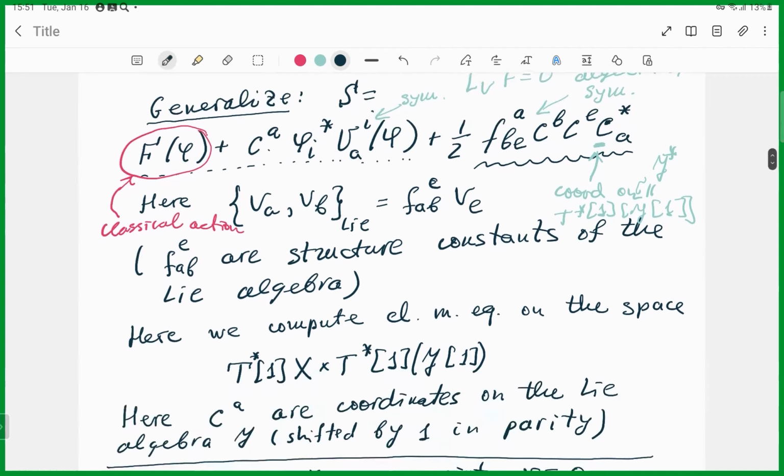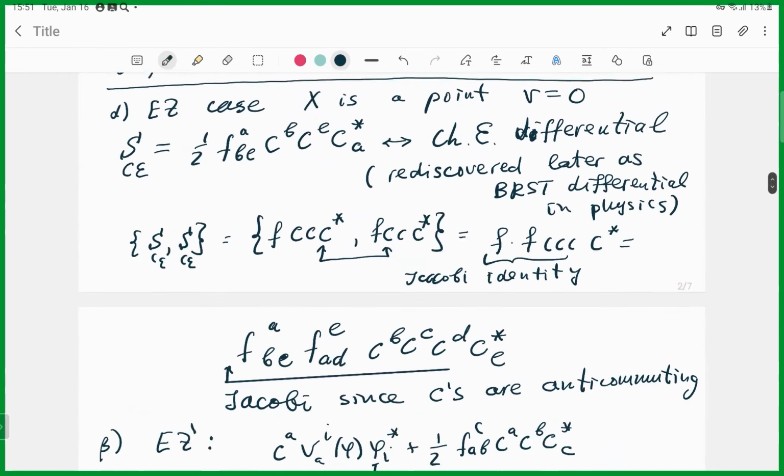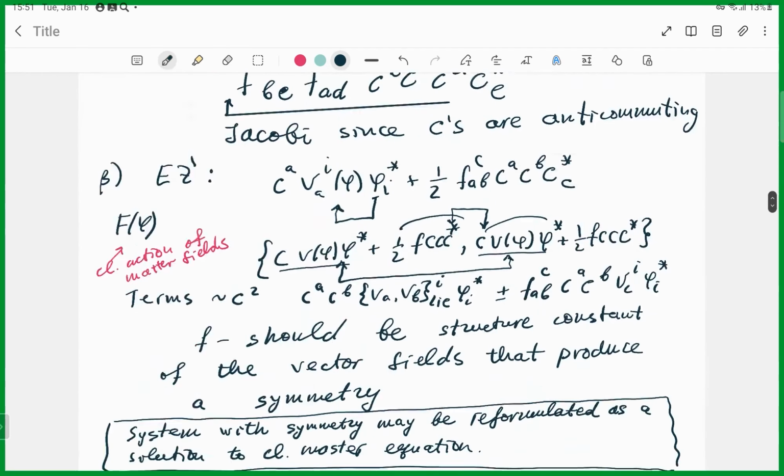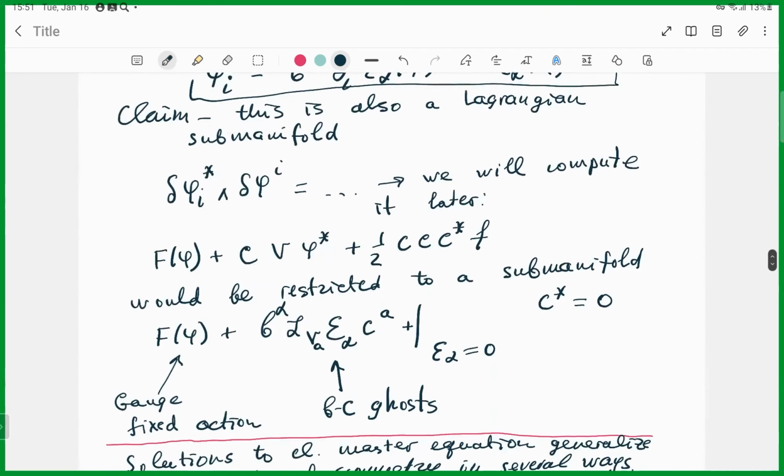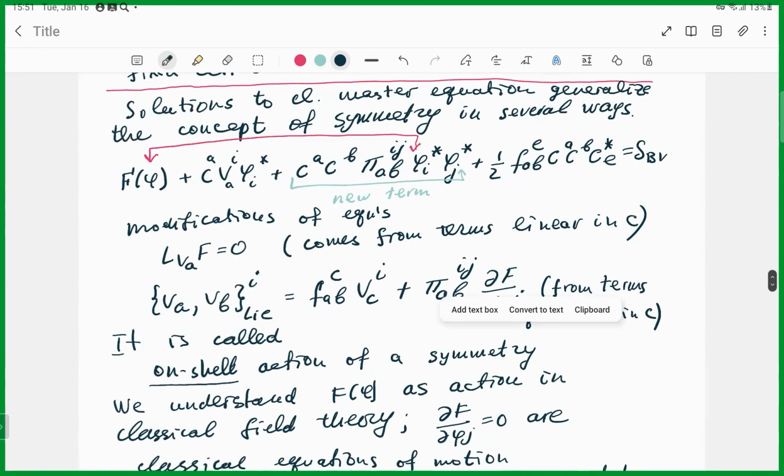There's a generalization. Can you show the formula of the generalized one? You have added a new term. Yes. One second. Oh yes, here is the formula of the new term.